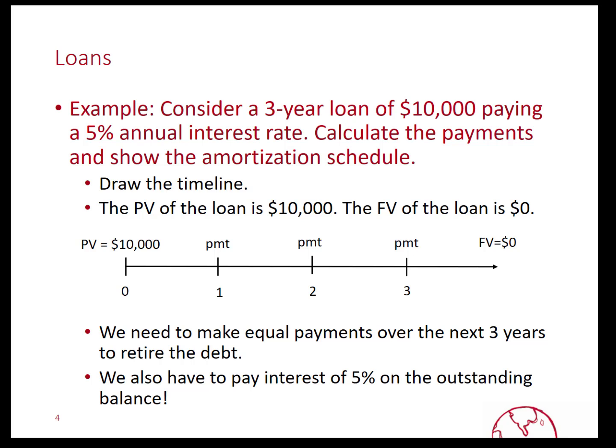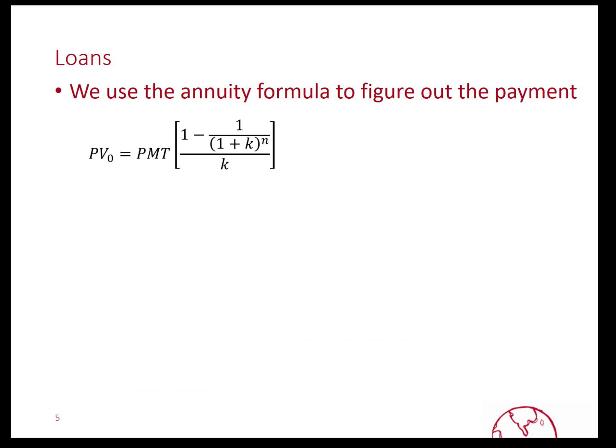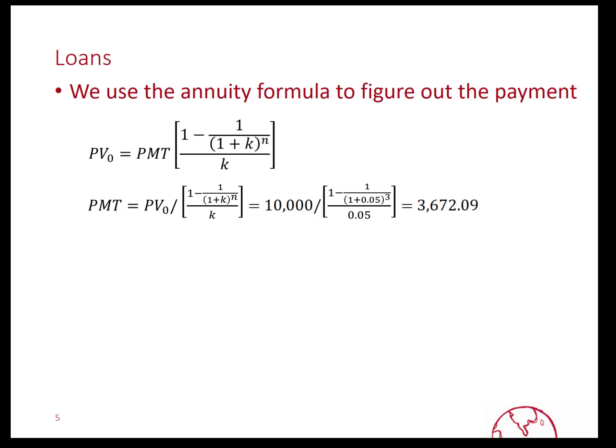We need to make equal payments over the next 3 years to retire the debt, and we know that the interest rate is 5% on whatever balance is remaining at the start of each period. So let's use the annuity formula to figure out the payment. Here's the annuity formula. Notice that we plug in k equal to 5%.